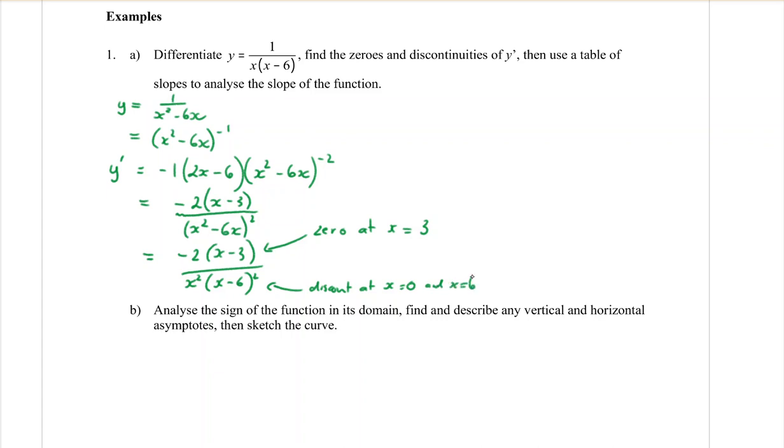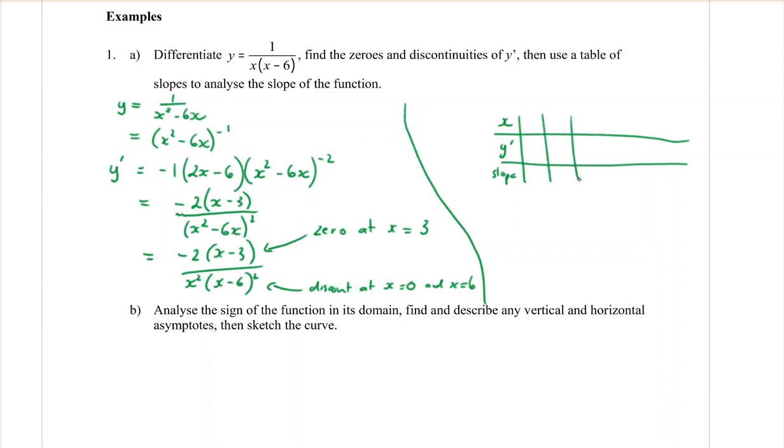Okay, I've found all that information, but the question then says that I need to use a table of slopes to now analyze what's happening with that function. So that's the table that we drew up last lesson with the 3 rows. We have got x's for the first row, our gradient on the second, and slope for the third row. My x values, there are 3 of them, so there's quite a few we need to put in here.